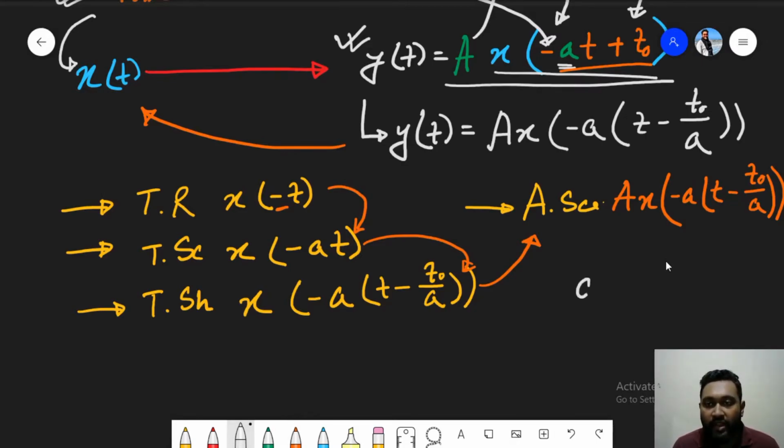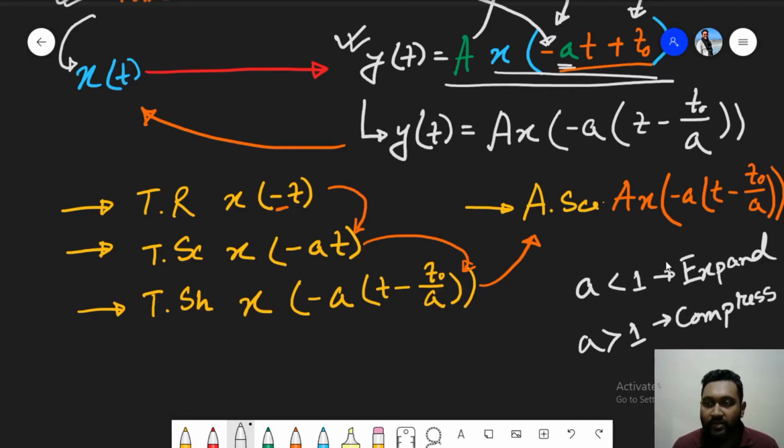If a is less than 1, the signal will be expanded. And if a is greater than 1, then the signal will simply compress. Okay, so this is our time scaling.